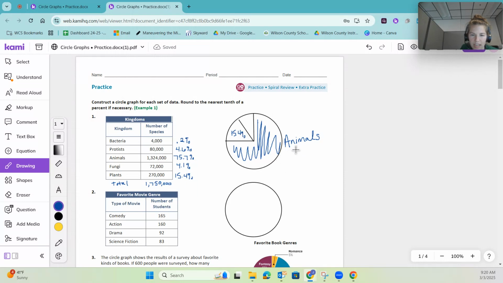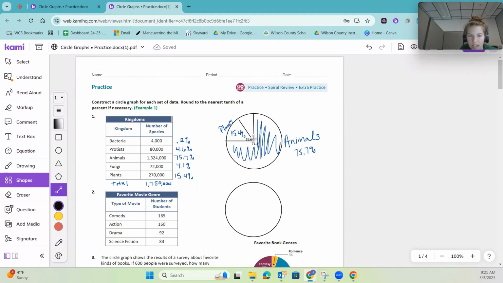I should have written the animals was 75.7%. Okay, this is going to be plants. And then the remaining is about 10%, so we're going to cut this in half-ish. And then this little portion that you can barely even see here is going to be that remaining bacteria.